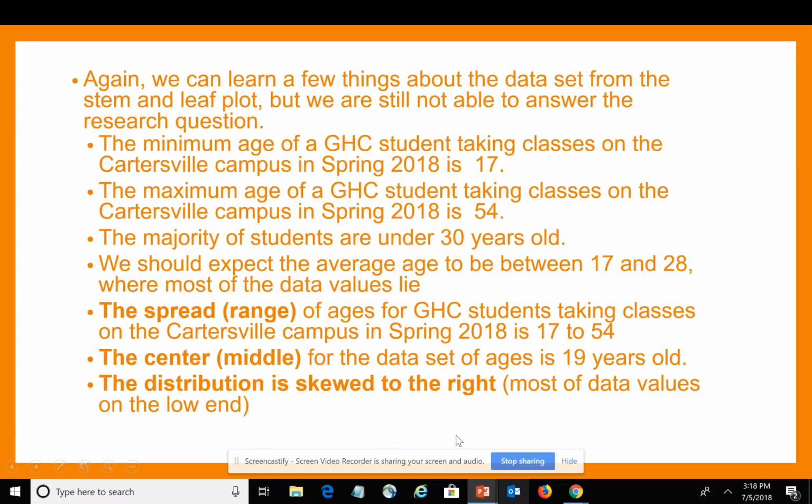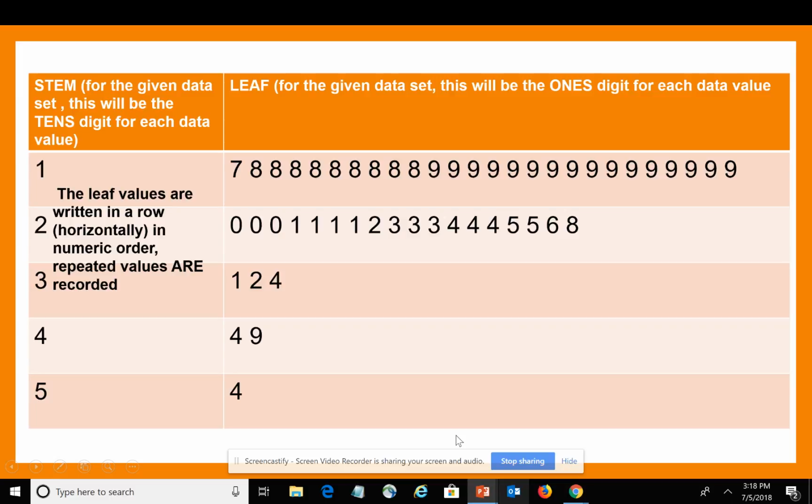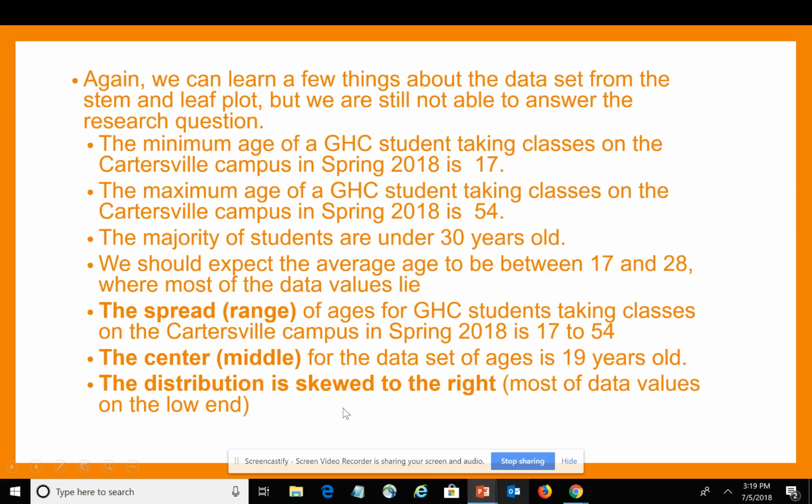I can also see, again, if I go back and look, that most of the data is on the low end. When most of the data is on the low end and then it tapers off, that's going to be skewed to the right.